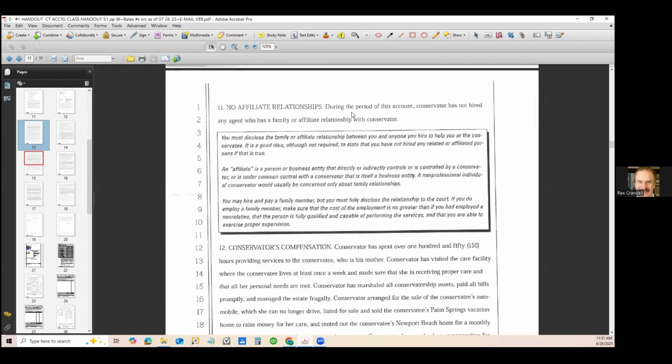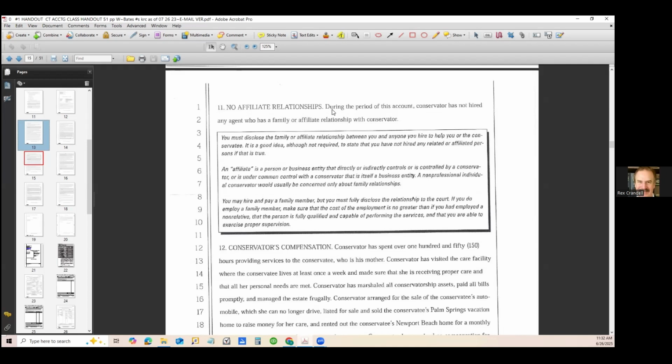It's very important that you state if the conservator hired a family member. Quite a few instances I have where I do include this. Say, for instance, in a probate, I had the administrator sell the real property. His wife was the sales agent and ended up also being the buyer's agent and the seller's agent.